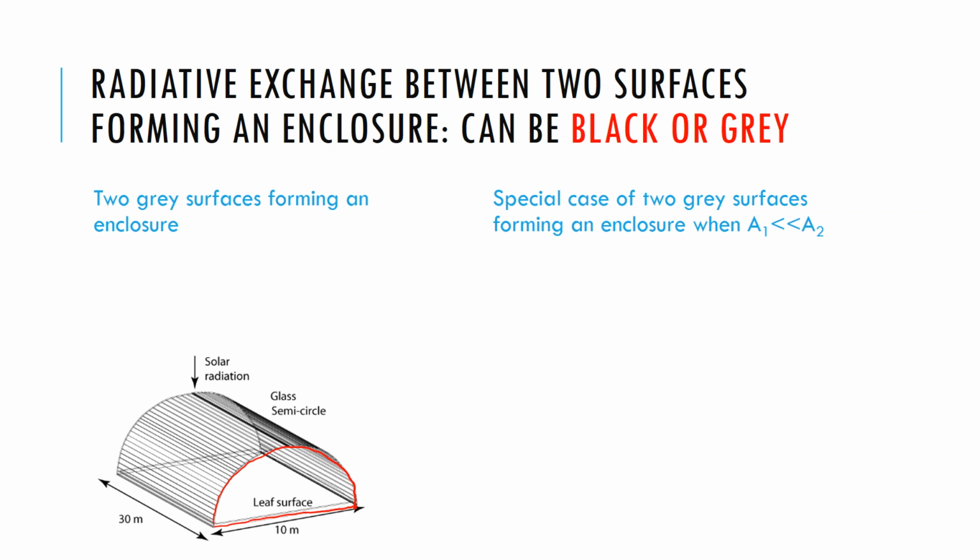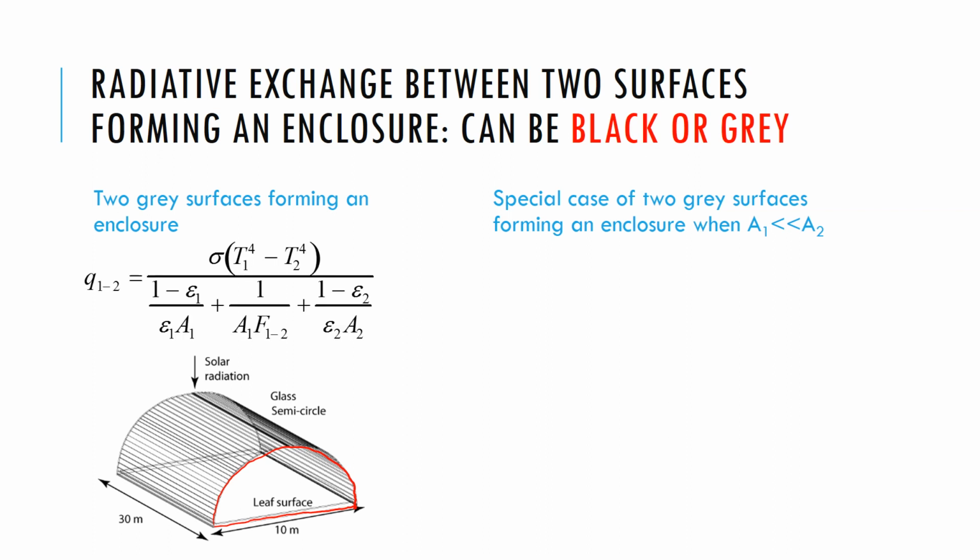For such a two-surface enclosure, we will not derive it, but we can derive the expression that is provided to you here. So Q12 is the net heat transfer from surface 1 to surface 2, and that's related to all these quantities.